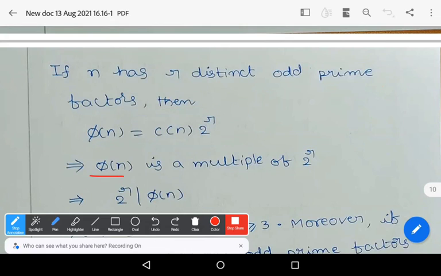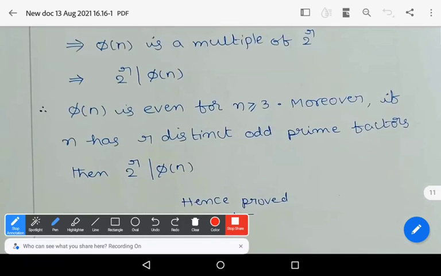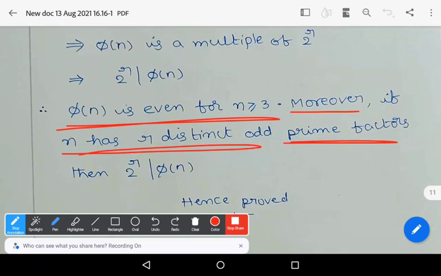It means pi of n is a multiple of 2 power r. Therefore, 2 power r divides pi of n. Hence, we conclude that pi of n is even for all n greater than or equal to 3. Moreover, if n has r distinct odd prime factors, then 2 power r divides pi of n.